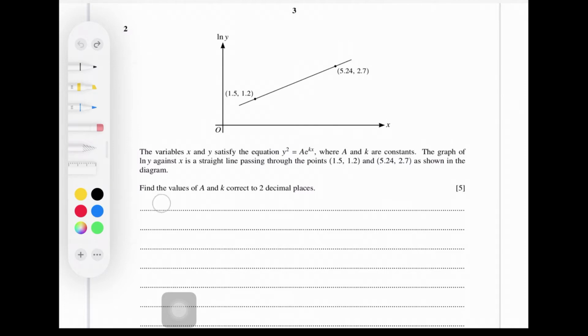So we have equation y squared is equal to a e to the power of kx. We apply ln on both sides.